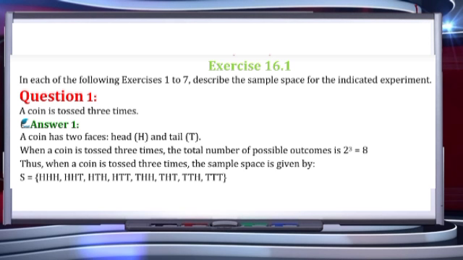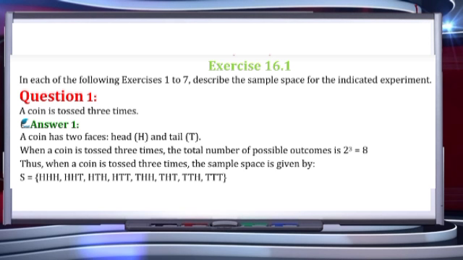So the events could be: all heads; the first 2 heads then tail; head, tail, head; head, tail, tail; tail, head, head; tail, head, tail; tail, tail, head; and all 3 tails. Likewise we will write our sample space by fixing tail or head once.